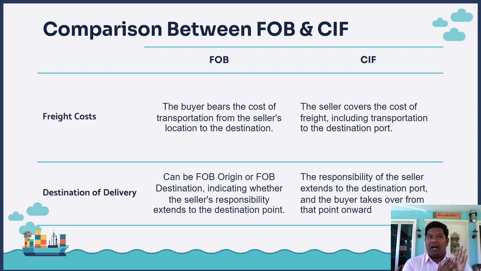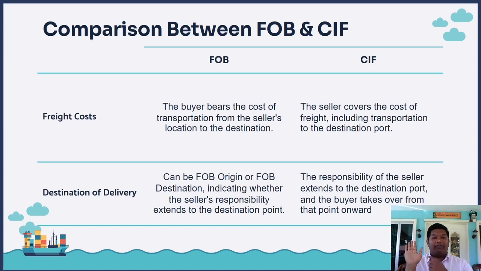Any additional costs such as insurance or port charges are the buyer's responsibility. So basically the buyer needs to pay their own costs for their own goods, but this differs from CIF.